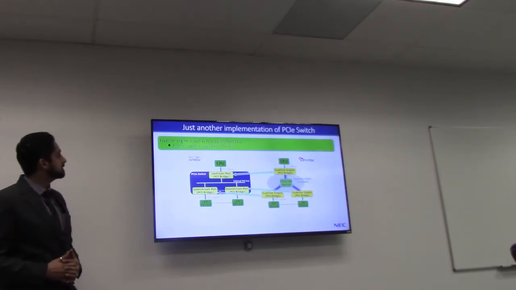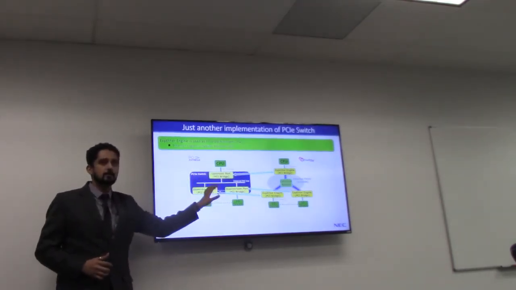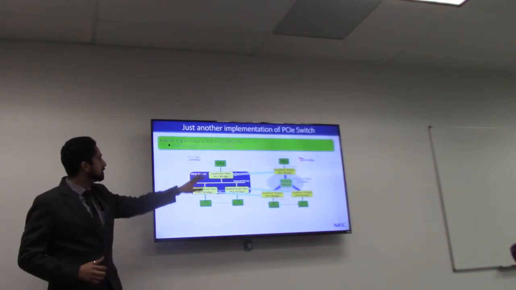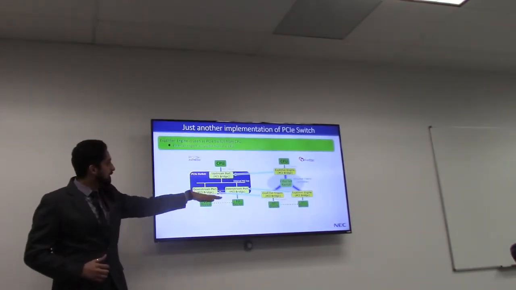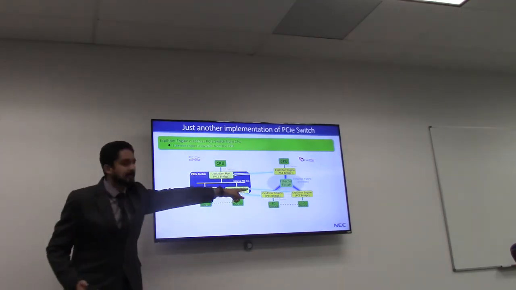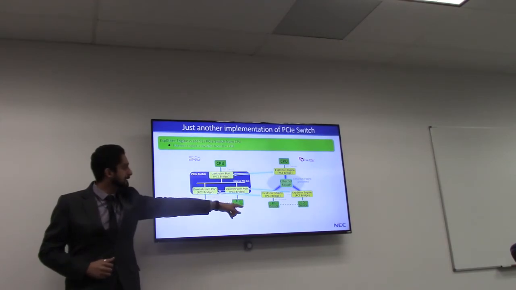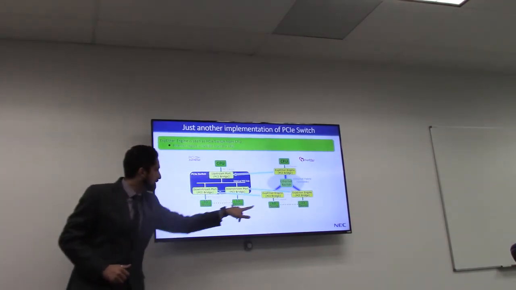What is Express Ether? It is just an extension of the standard PCIe stack. What you see on the left is a CPU with a PCIe switch, and the upstream and downstream ports are divided by the Ethernet switch, or the Ethernet interconnect, in between. All the I/O devices can be connected seamlessly as local.